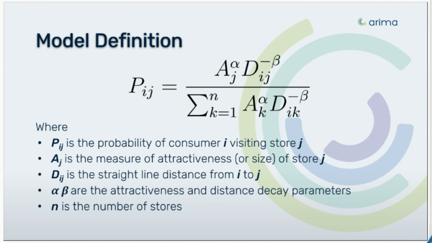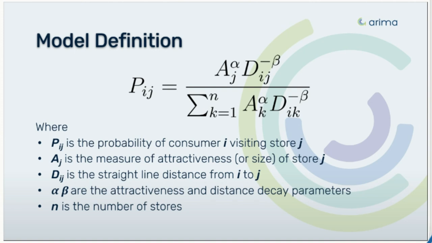So if you look at the equation on the screen, we have the probability Pij, which stands for the probability of someone, a customer i, visiting a particular location j. This is ultimately what we want to know. That probability really depends on two things. One, the attractiveness parameter, which is identified as A here.